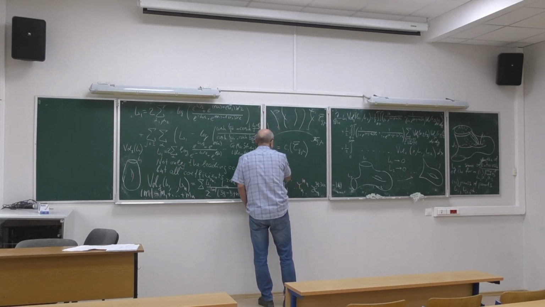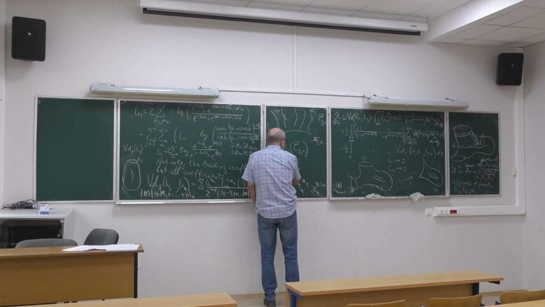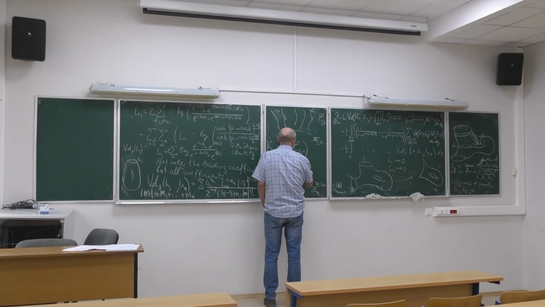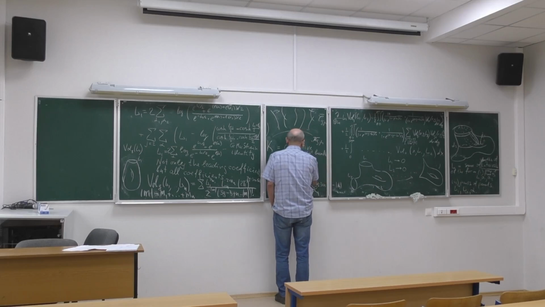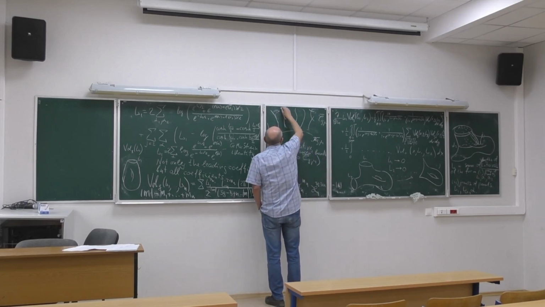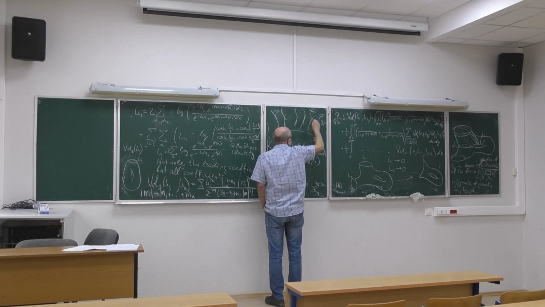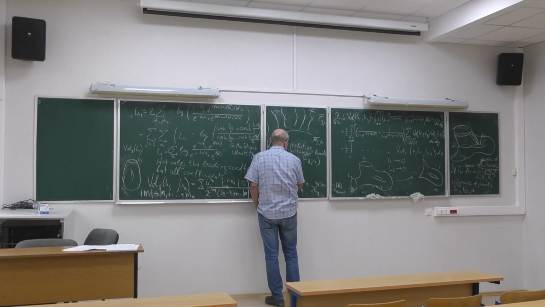Let it be K. And this is an element in the second cohomology of C_g,n.